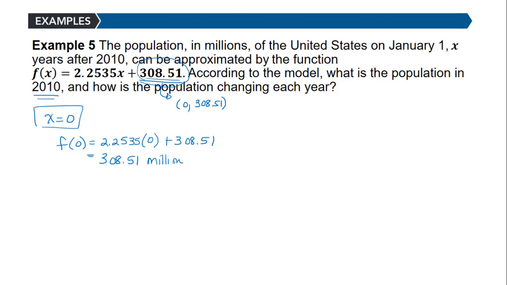We know that the slope of this function is 2.2535. We need to think of that as a fraction so we can see the rise divided by run. So this is the same thing as 2.2535 divided by 1. And when we think about change in y divided by change in x, let's put that in terms of this problem. The y is representing the population, so this is really the change in the population in millions.